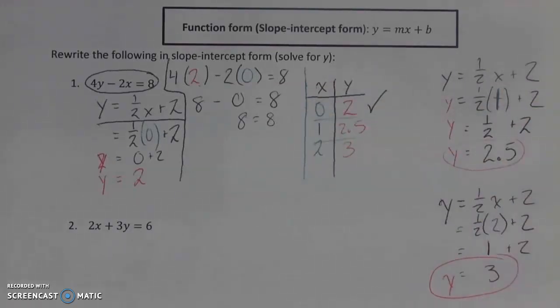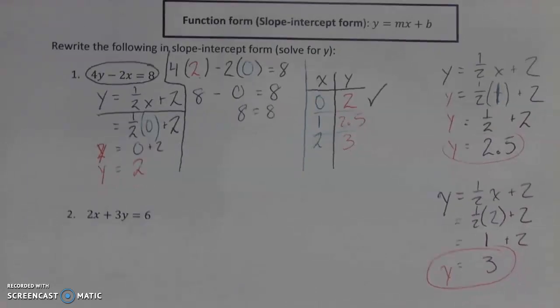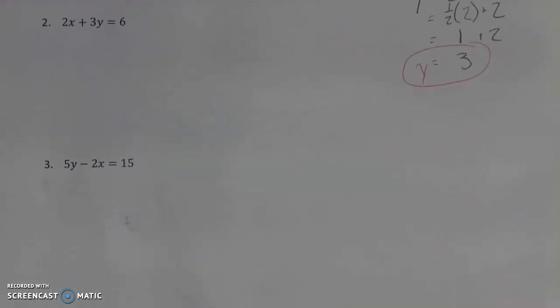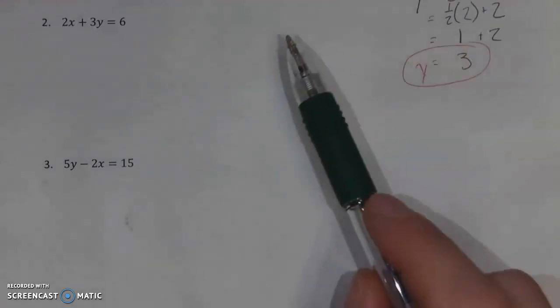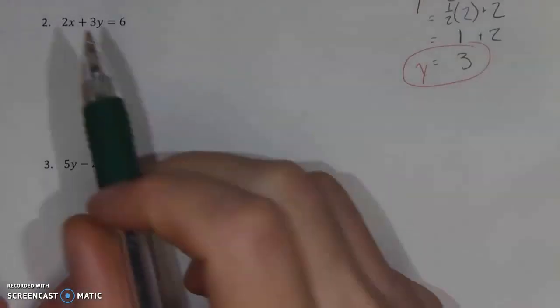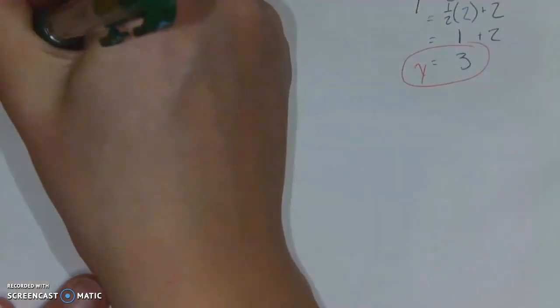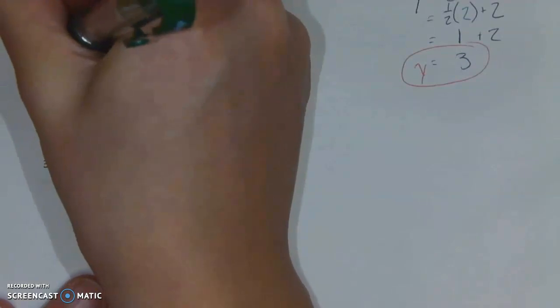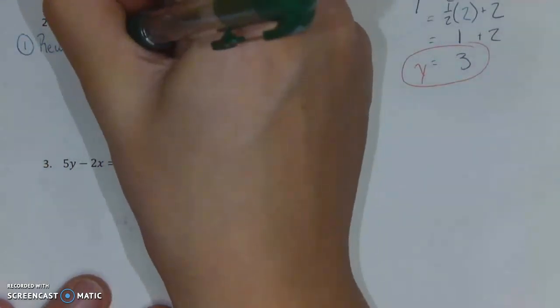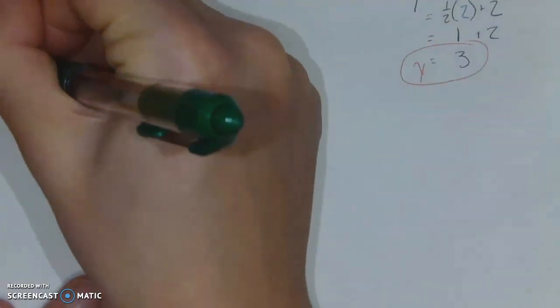So that leaves your turn. You guys have 2 and 3 to rewrite. Put them as a y equals something. Once you have that done, I want you to make a t-chart with 3 different values on it. That means for this problem, I need to see the rewrite. So that looks like y equals.